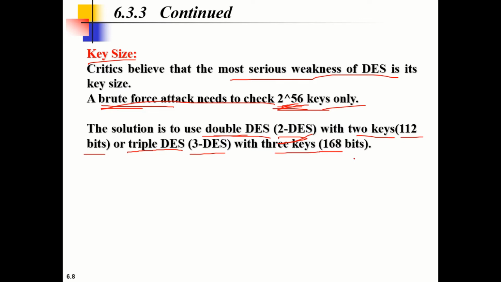In total it will be using a 168-bit key, right? So as we increase the size of the key, the security of the algorithm will also increase, right? But right now we are talking about DES, which uses only a 56-bit key.